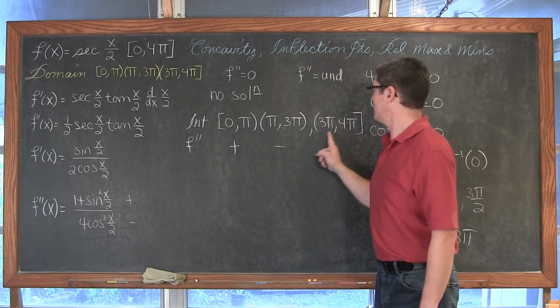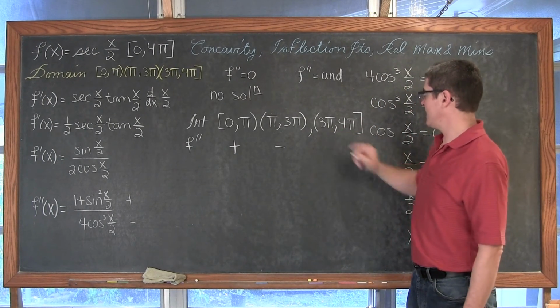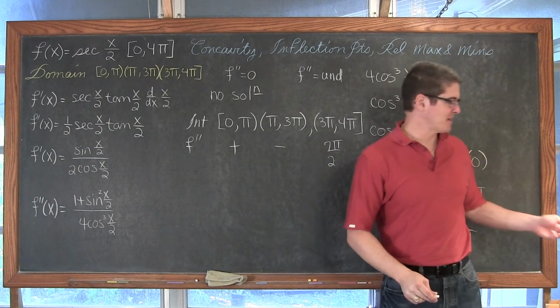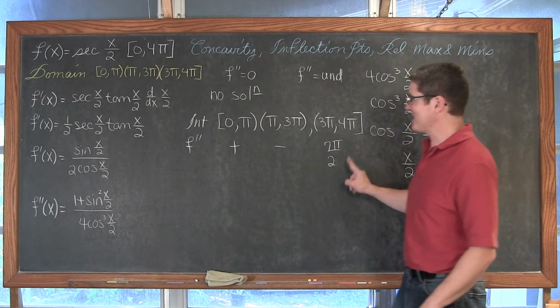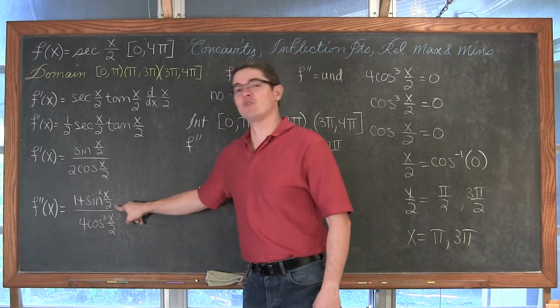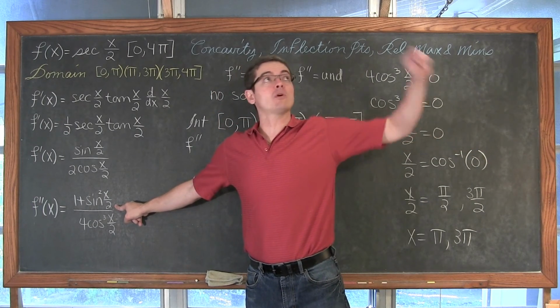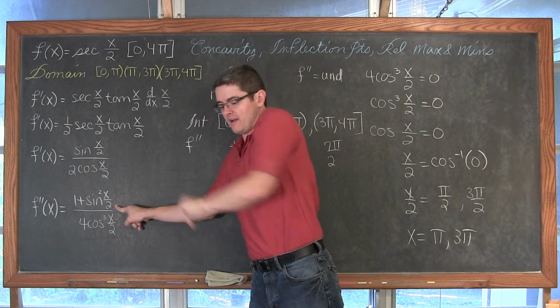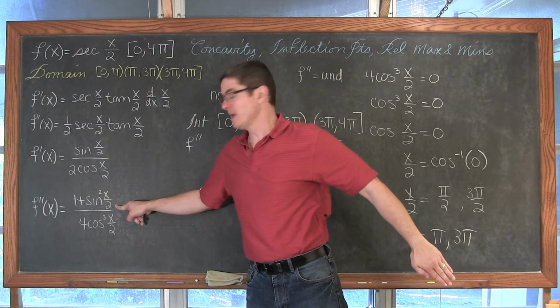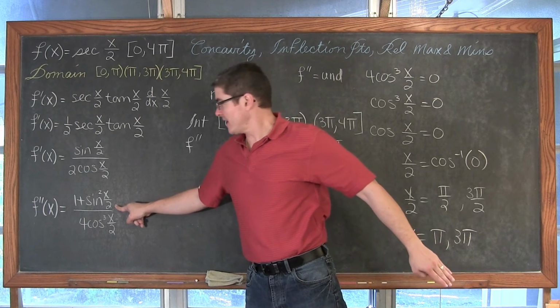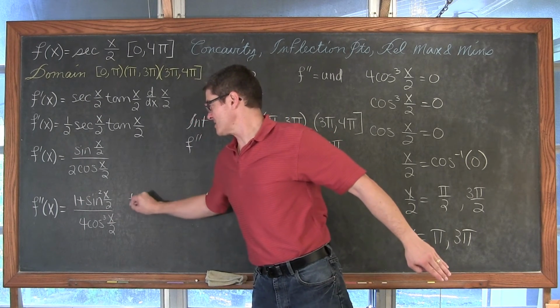And then, I paused just to make sure I gave you a number between 3 pi and 4 pi. So 7 pi over 2, if you take that and plug it in, you have 7 pi over 4, and the sine of 7 pi over 4 is negative square root of 2 over 2. That squared is going to be positive, and positive plus 1 is going to be a positive answer.